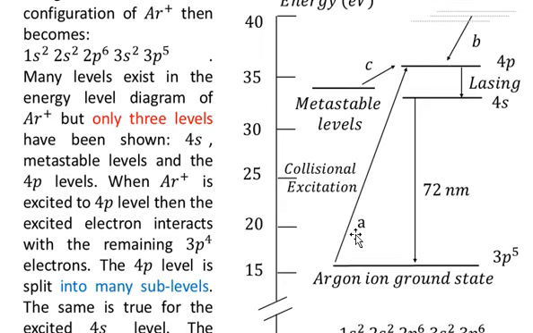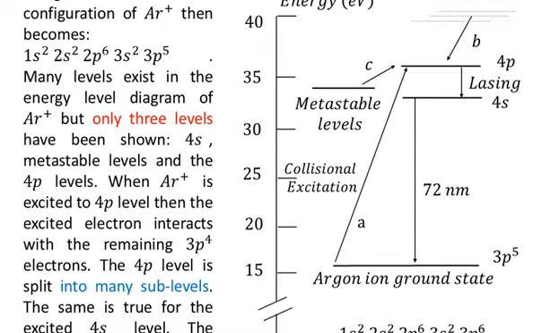It means that through path A, we have two collisions: one from the ground state argon atom to the argon ion, and the second from the argon ion to the 4p level. So two collisional processes are involved to reach the 4p levels.